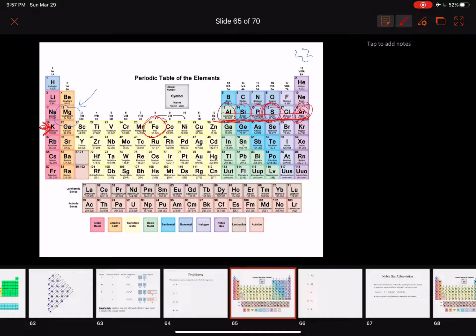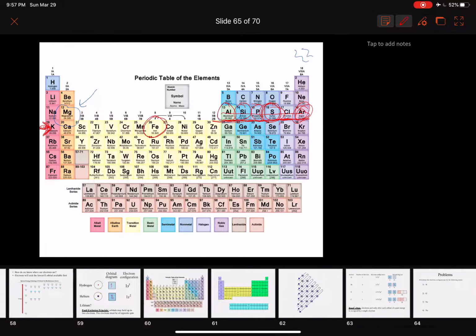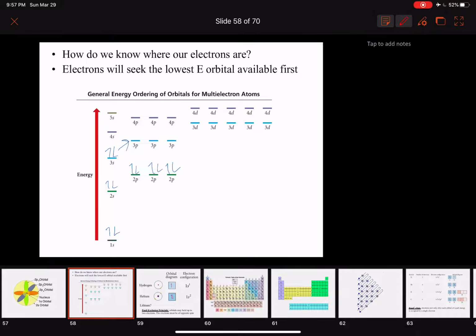And you can see this on the energy diagram right there. If we fill up the 3p's, what we see is that the next lowest in energy is 4s, and then from 4s you go to 3d.